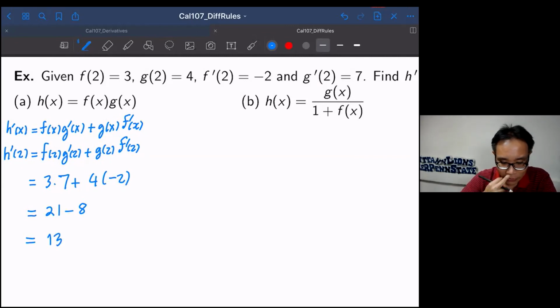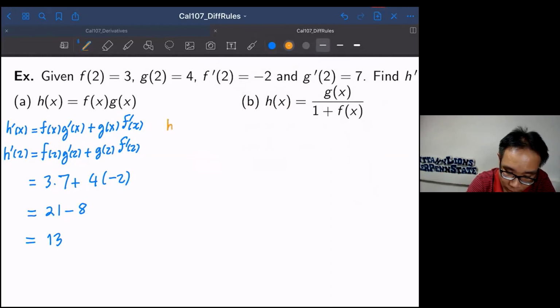This one is quite simple. The next one will take a lot of space here. You have h(x) equal to the quotient between g(x) over 1 plus f(x).